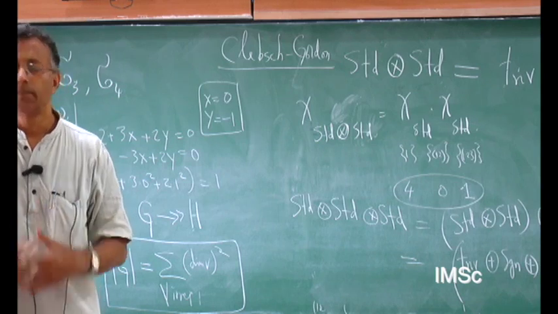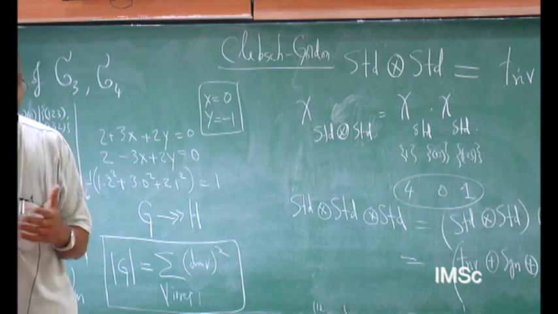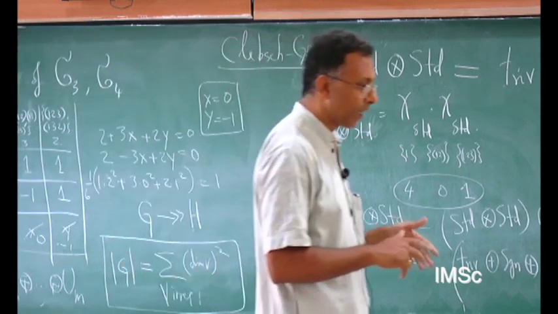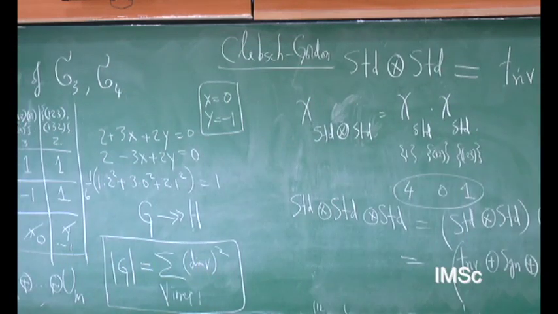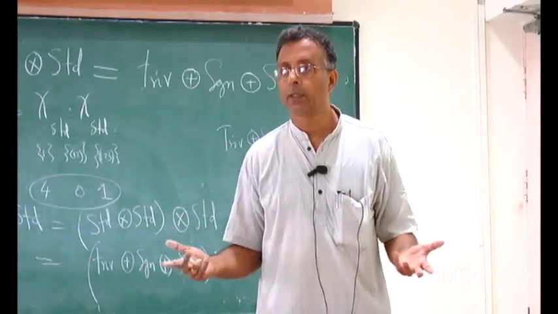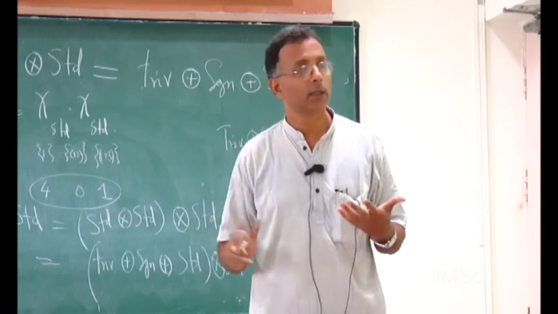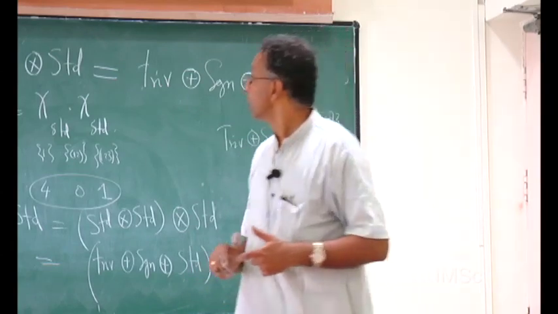These are called Clebsch-Gordon coefficients. The general thing is you take some representation, you take its tensor product several times and see how it breaks up. Such a thing is called the Clebsch-Gordon theorem or Clebsch-Gordon coefficients.